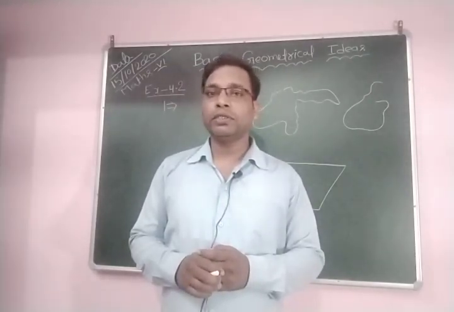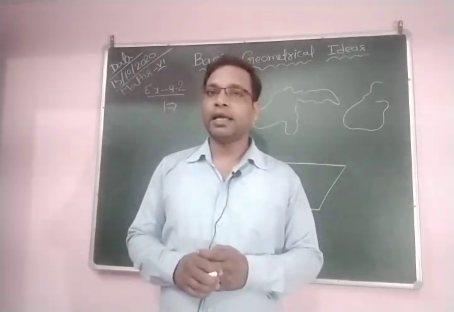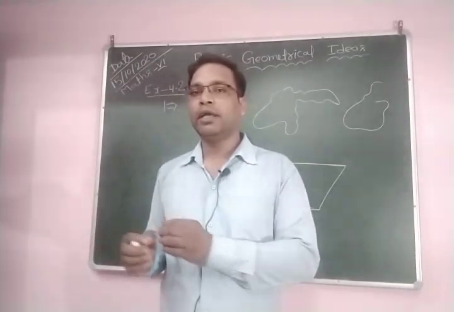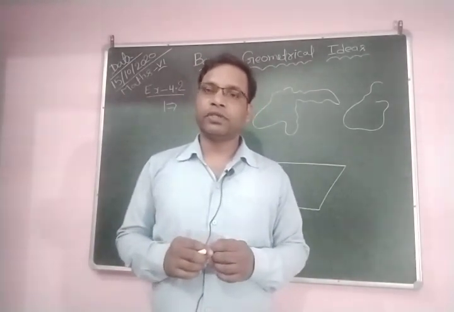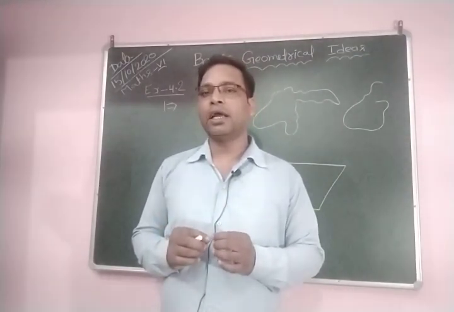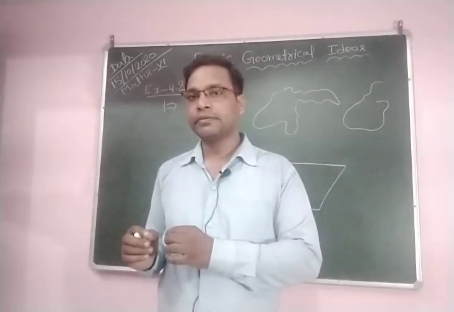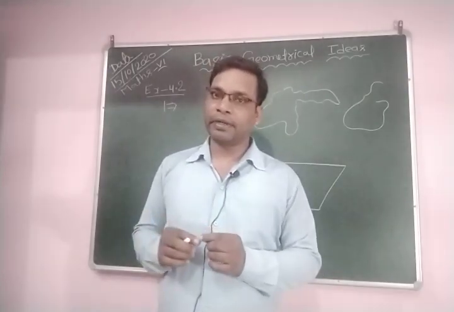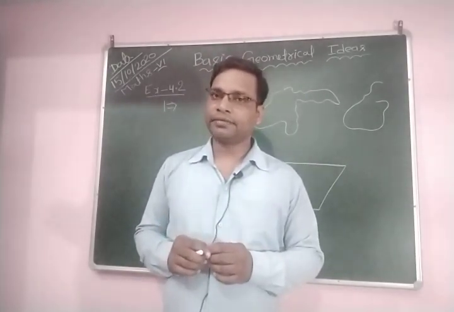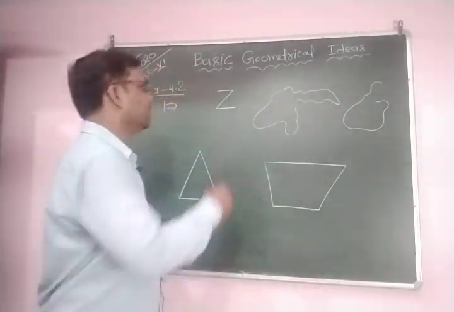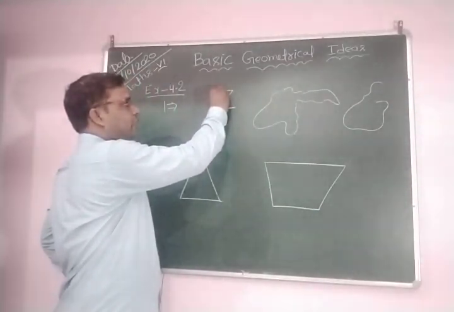A curve whose initial point and end point are at different points is called an open curve. And a curve whose initial point and end point are at the same place is called a closed curve.